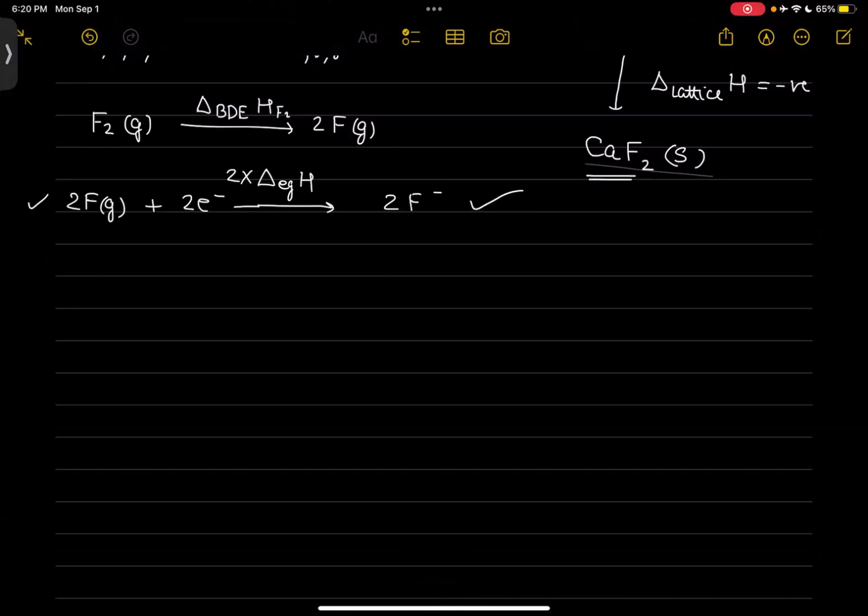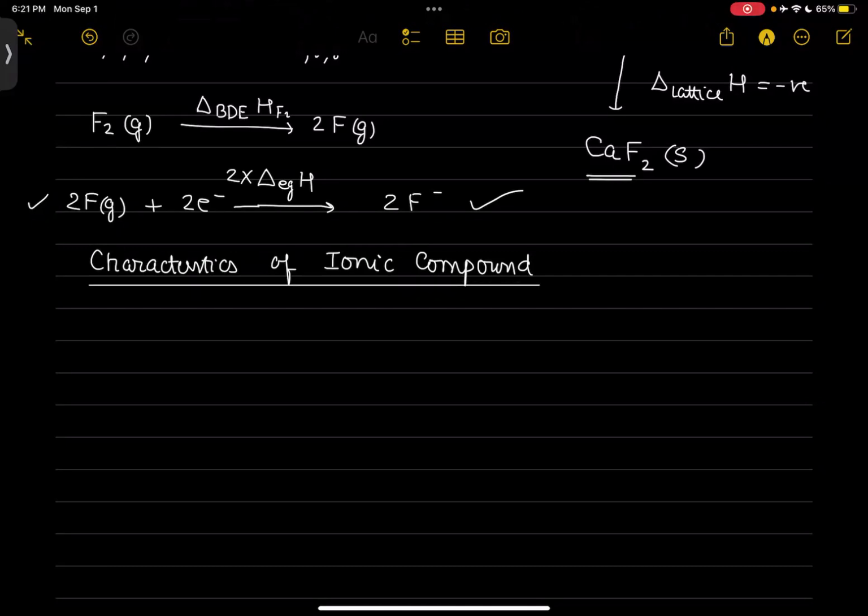And what are the properties of electrovalent or ionic bond? Characteristics of ionic bond or ionic compound. Which common ionic compound do we see in our home? Tell me.